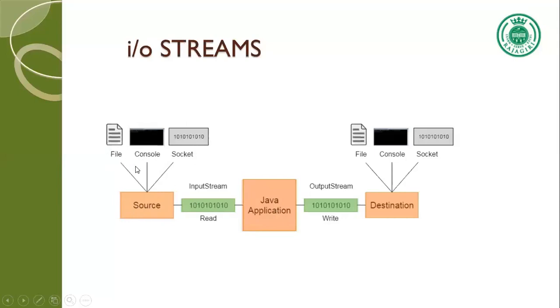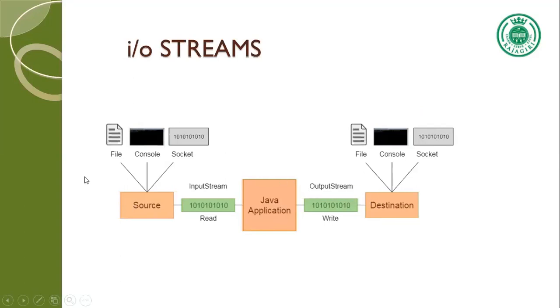Whatever my input source, I have the data over here. I read the data. Because I have bytes over here, I read it through an input stream in my Java program. And then if I am planning to write it out, it could be into my file, or into my command prompt, or into another socket. I call that the destination. Now to have things into the destination, you have the output stream.